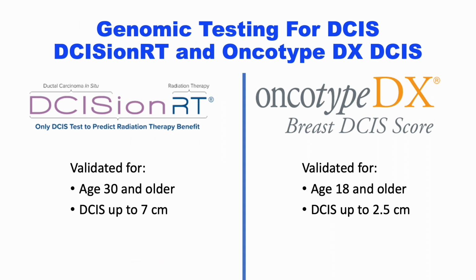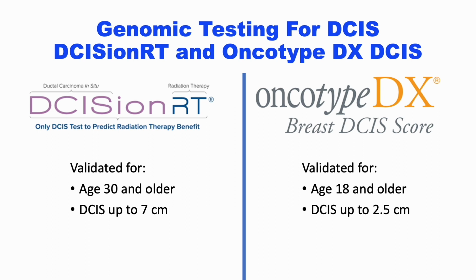Although there are no commercial tests available for looking at local recurrence for invasive breast cancer, that's not true for patients with DCIS. In fact, there are 2 commercially available genomic tests, DecisionRT and Oncotype DX Breast DCIS Score, which are used for estimating the 10-year risk of breast cancer recurrence with and without radiotherapy in women with ductal carcinoma in situ.